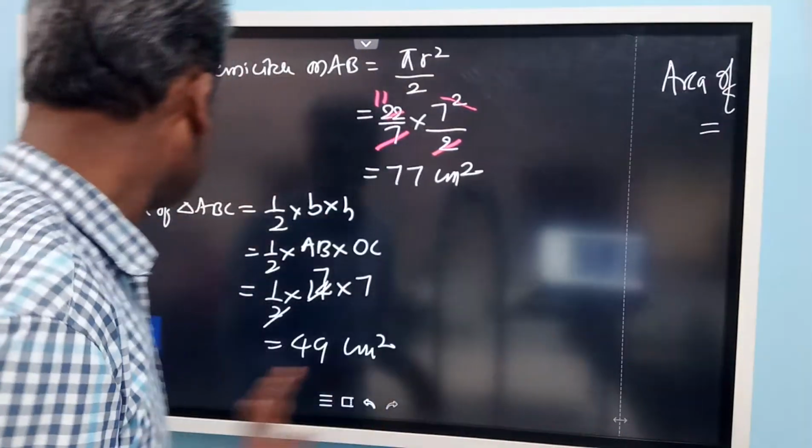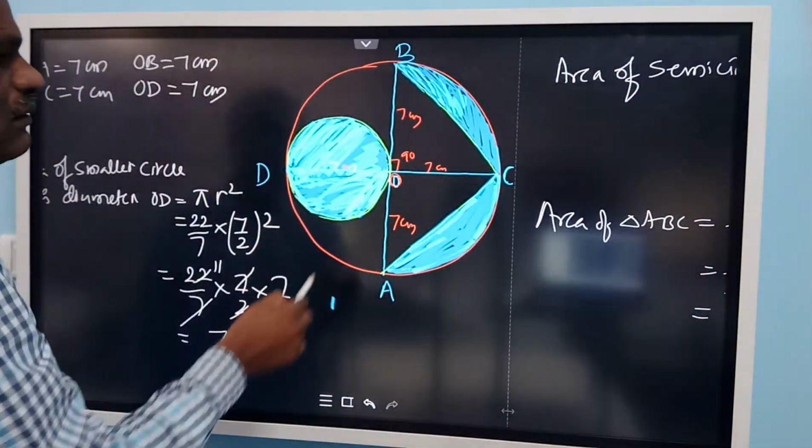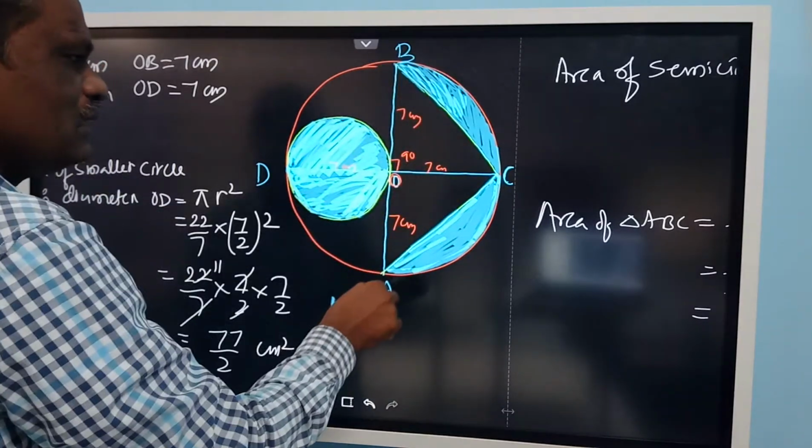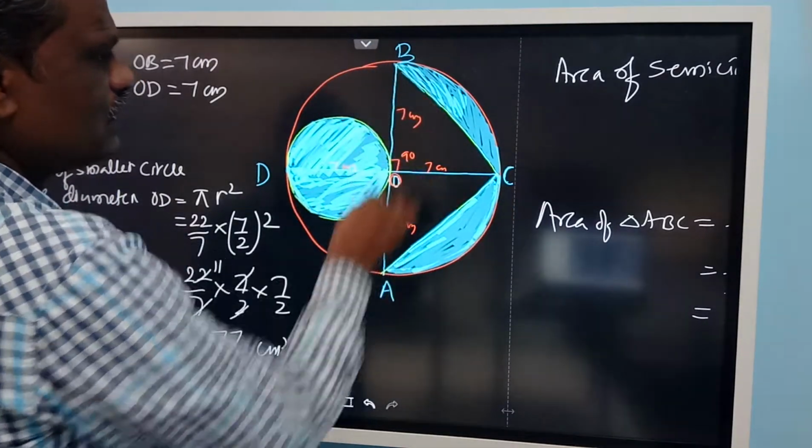See what I have done here? First we added the area of this circle and the area of this semicircle with AB as a diameter, then minus the area of this triangle.